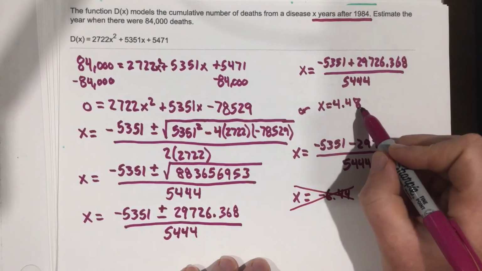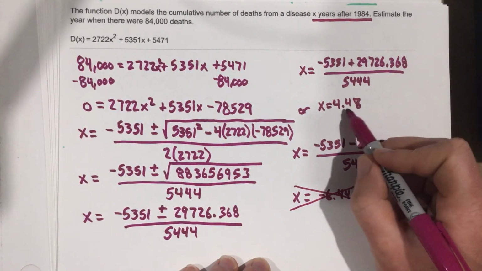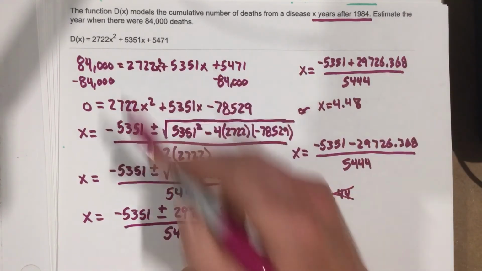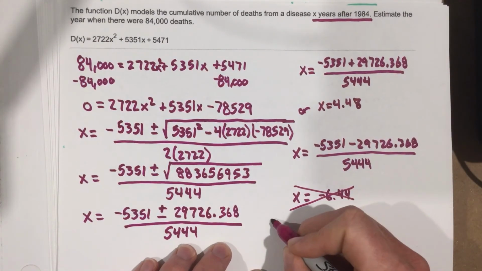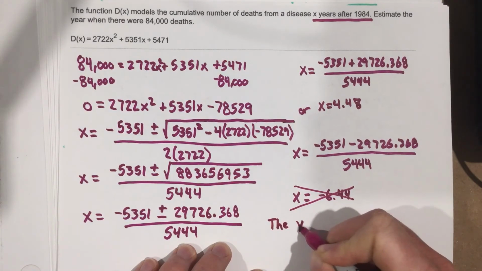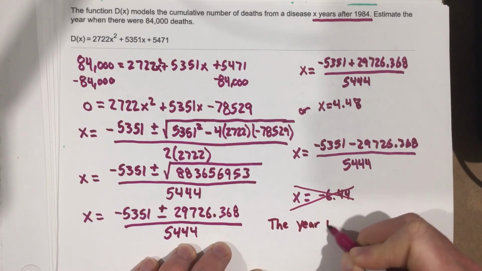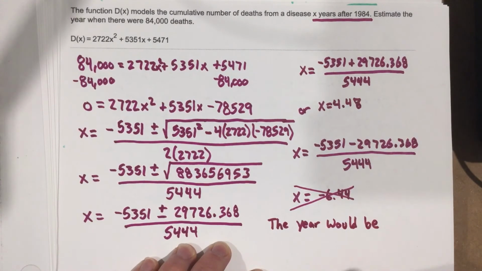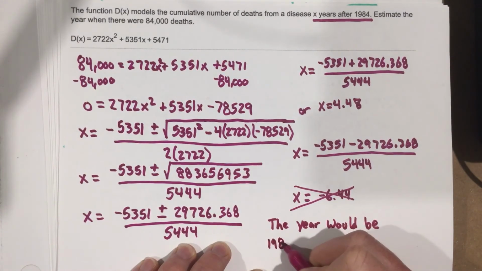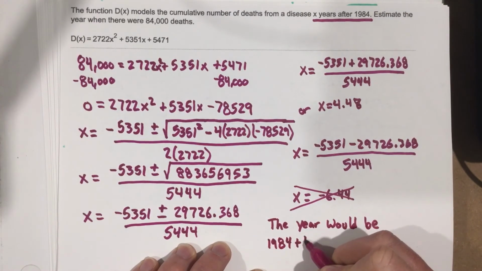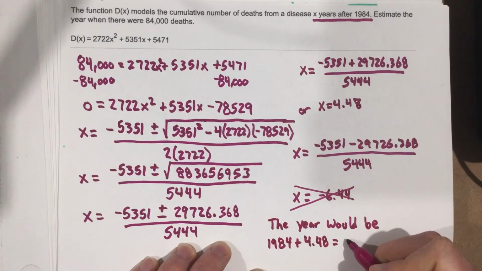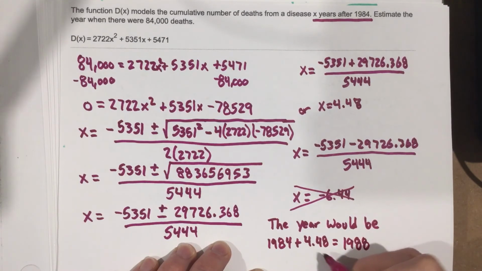So 4.48 does work. So let's add 4.48 to 1984 because it says estimate the year when the deaths were 84,000. So the year would be 1984 plus 4.48, which equals, we're going to call that 1988 because of 4.48.